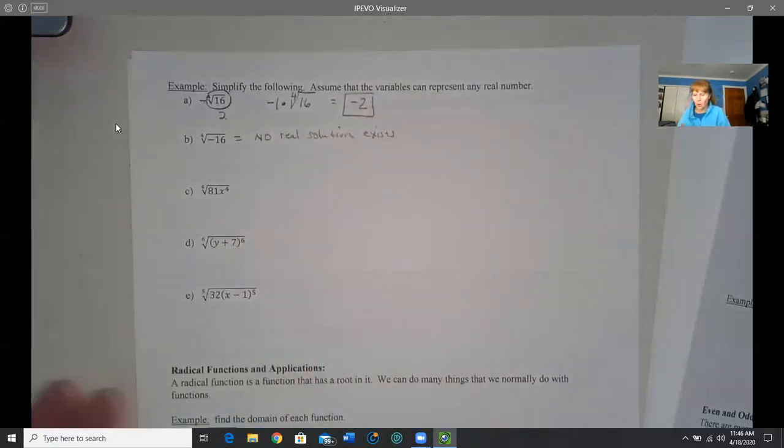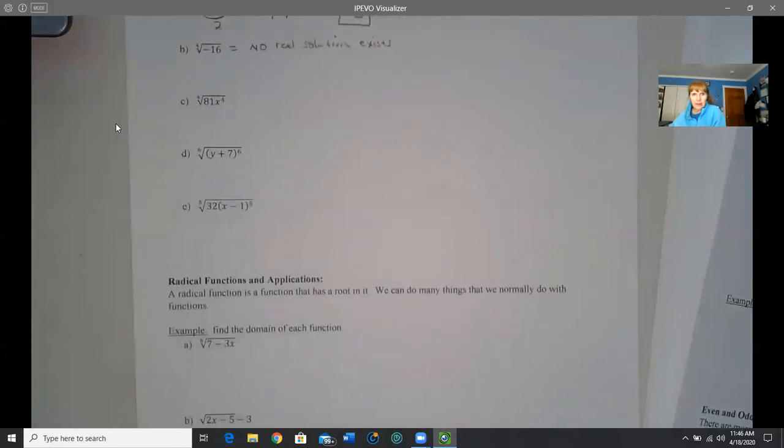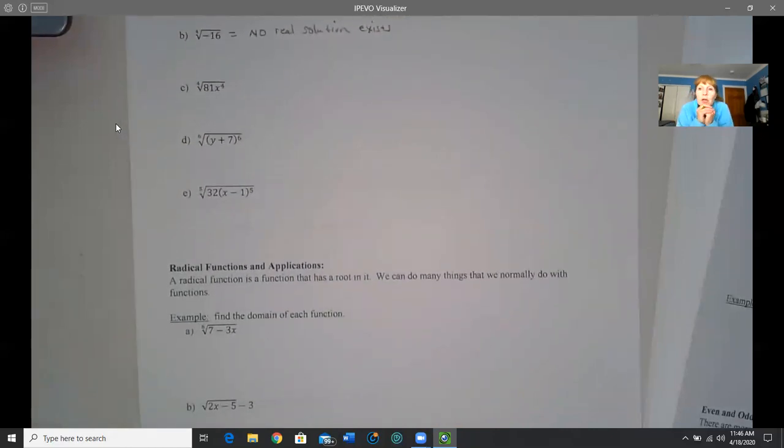Okay. So notice where the negatives are and what the answers are. You guys got that? Great. Let's look at this one. Okay. We're going to look at the 81 separate and x to the 4th. Let's concentrate on the 81. The index is 4. So this is the 4th root of 81x to the 4th.